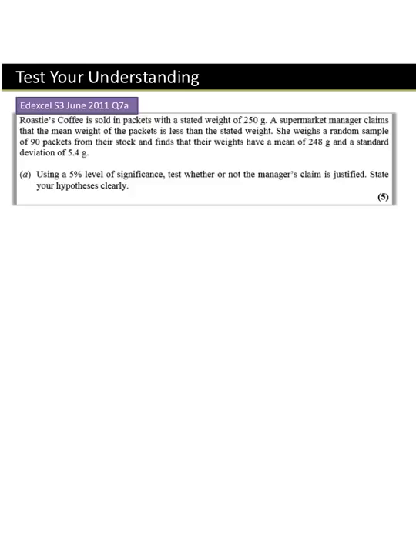State your hypotheses clearly. So we've obviously got a one-tailed test here. So our null hypothesis is that the mean weight is 250 grams, and our alternative hypothesis is that the mean weight of the packets is less than the stated weight.